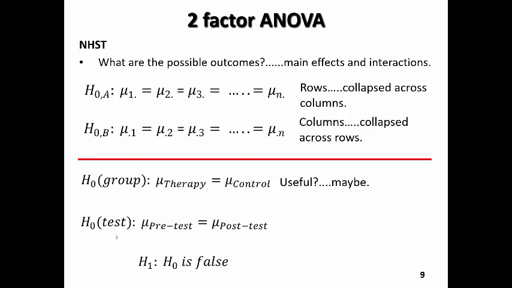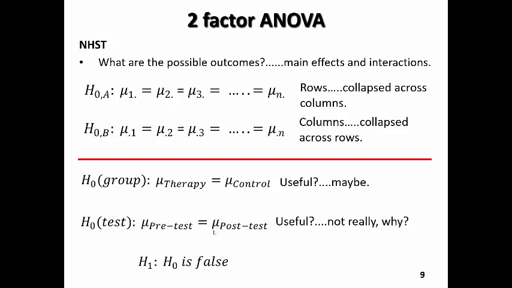Going to our second main effect, which is the main effect for test, this evaluates the average of all the pretest scores combined for the therapy and the control groups, evaluated against the average of all the post-test scores combined for the therapy and the control groups. And so is this comparison particularly useful?